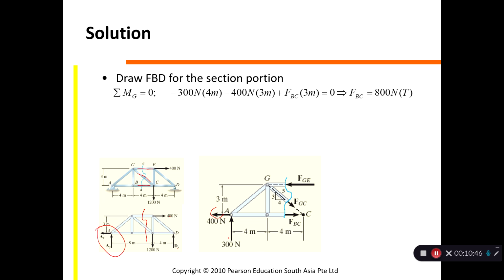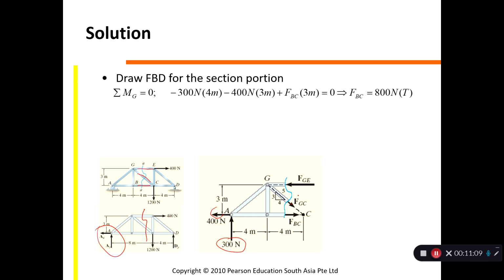Let's do this first. 300 newtons is going up, so this doesn't count, so we need FGC to go down. So this will be the correct direction. And 400 newtons is going to the left. Do we balance both going to the right? That's quite subjective.